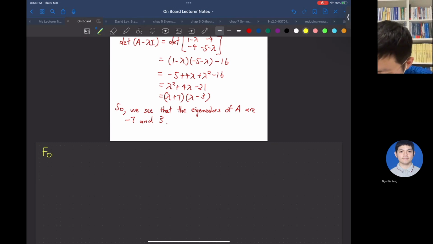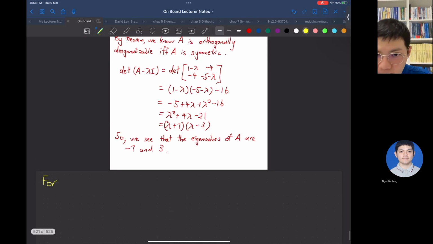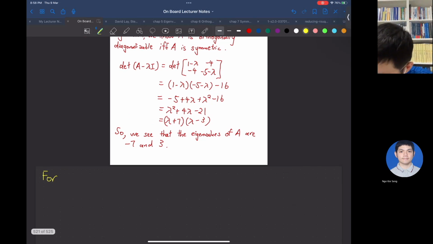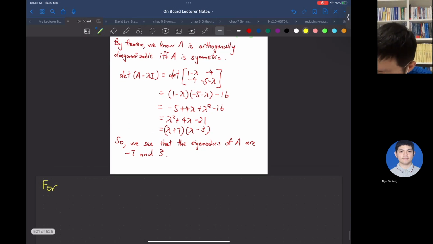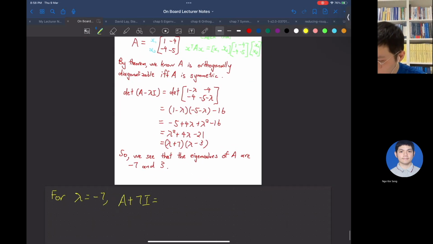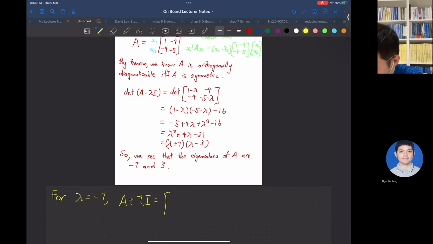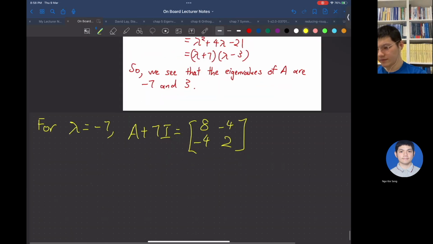So for eigenvectors, for lambda equals minus 7, we first find what is A plus 7I. Okay. So what is A plus 7I? We'll get 8, 2 on the diagonal, and minus 4 on the off diagonal.